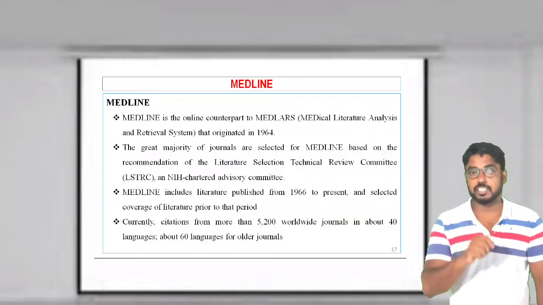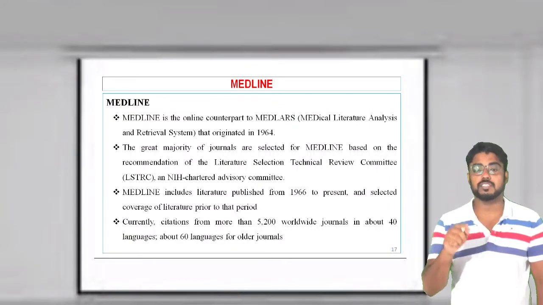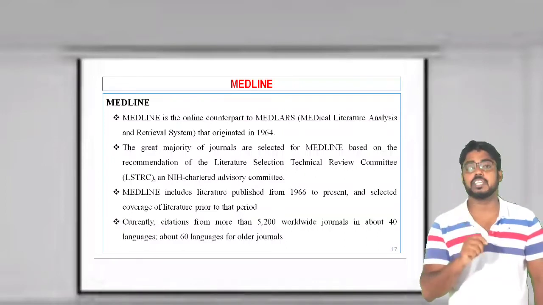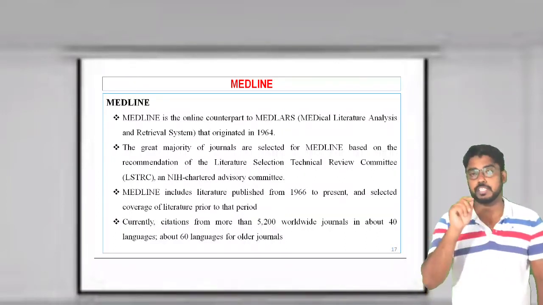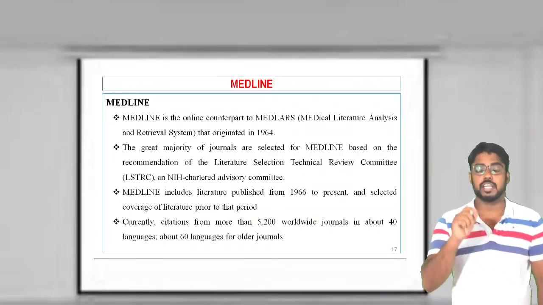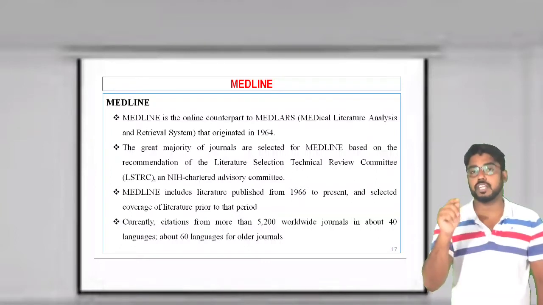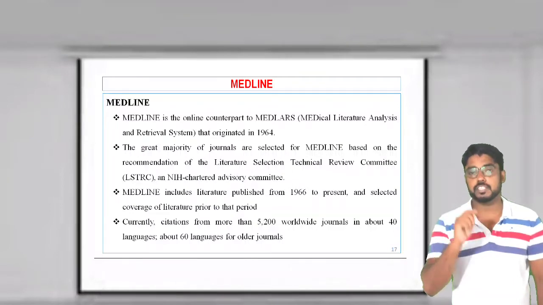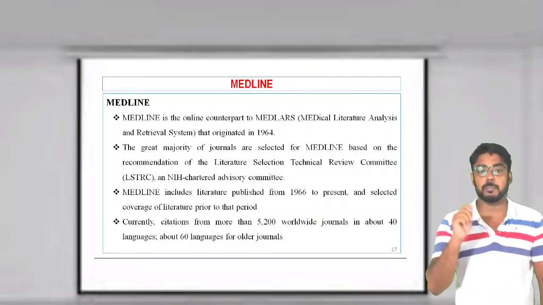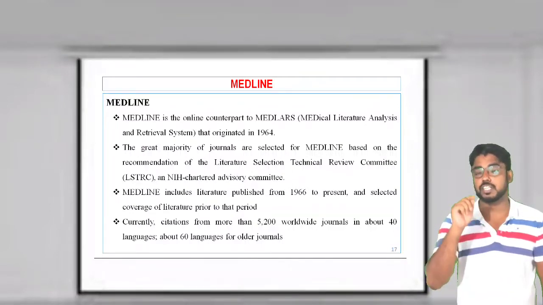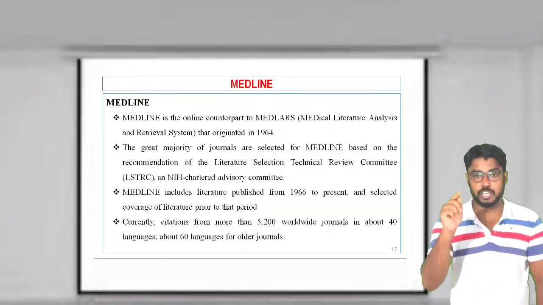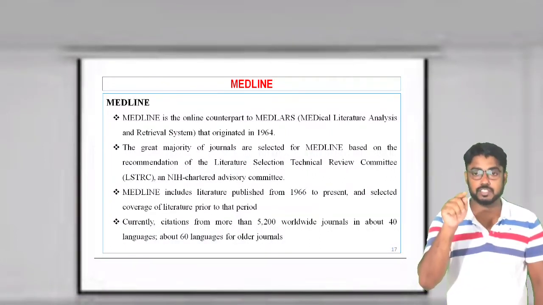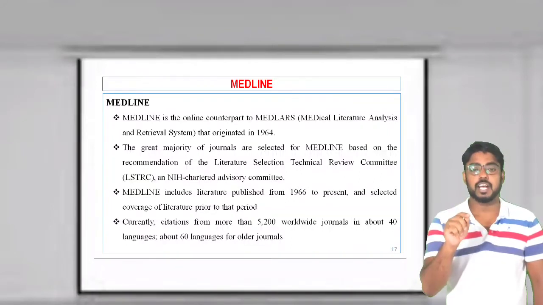Medline is an online counterpart of MEDLARS, the Medical Literature Analysis and Retrieval System, which originated in 1964. The great majority of journals are selected for Medline based on the recommendation of the Literature Selection Technical Review Committee, an NIH chartered advisory committee. They will recommend the journals to Medline.